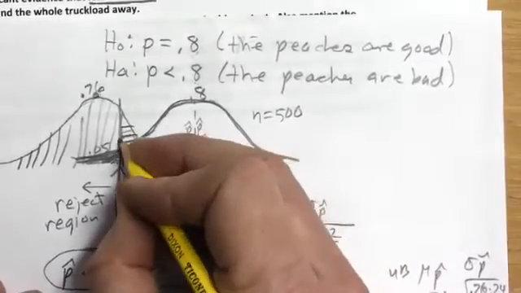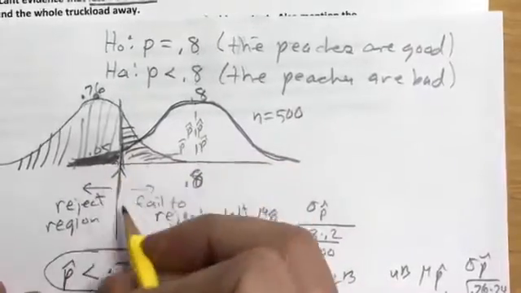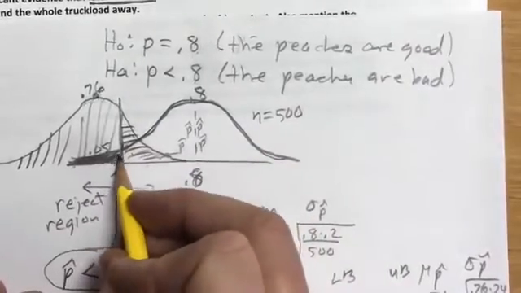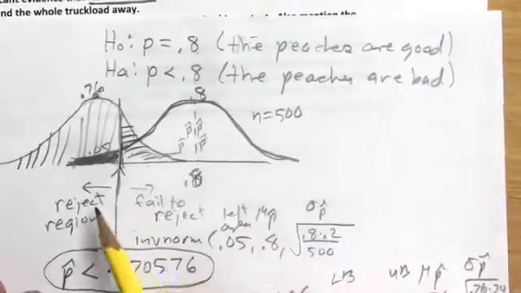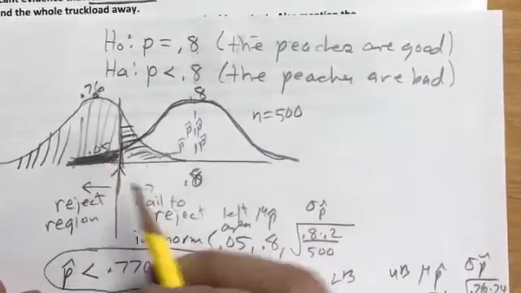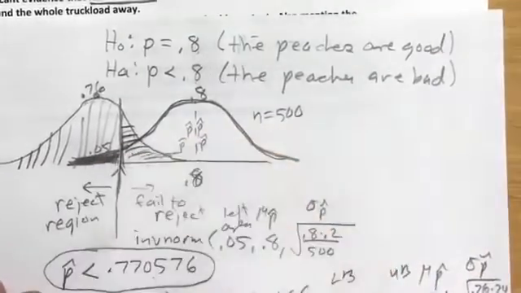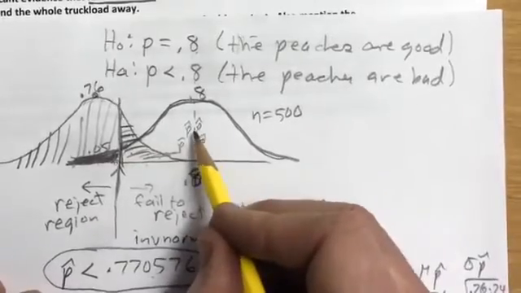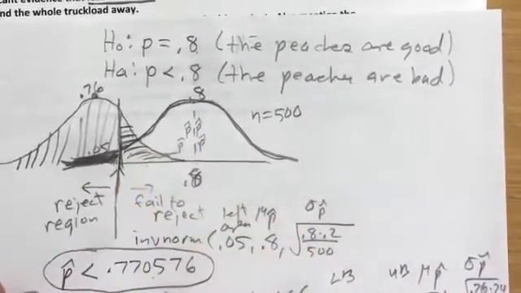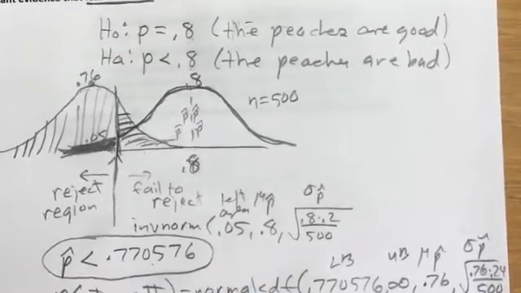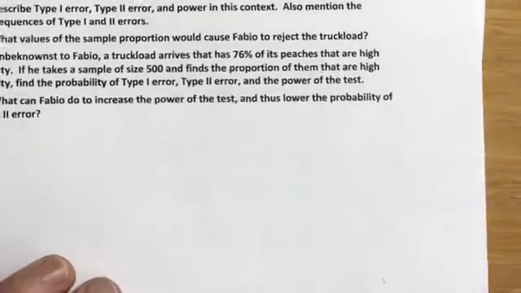If I get one of these values way out here, these p-hats are in the rejection region. What's the probability that that's going to happen? Well, it's 0.05, because it takes up 5% of the curve. So if the null is true, the probability I'm going to reject it is getting one of these p-hats, which is 0.05. So hopefully that would make sense.